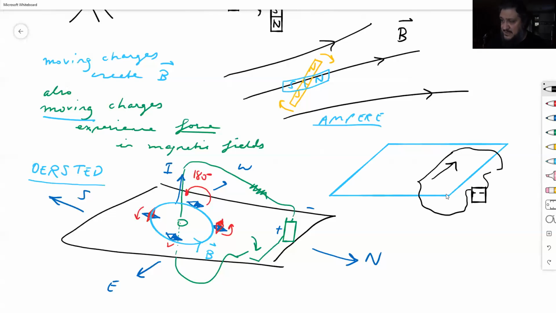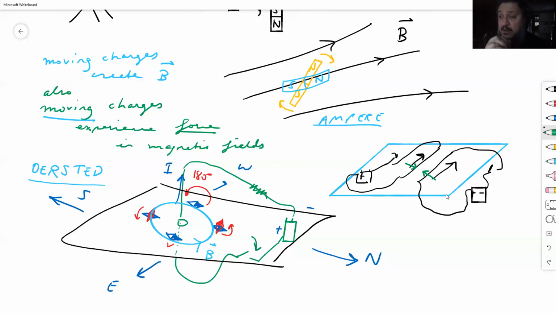So what I do is I take another wire and lay it parallel, let's say, to the first one, the battery and the switch and all that. And if I turn on both switches, so now I have current on both wires, I suddenly see that these wires are attracted towards each other.